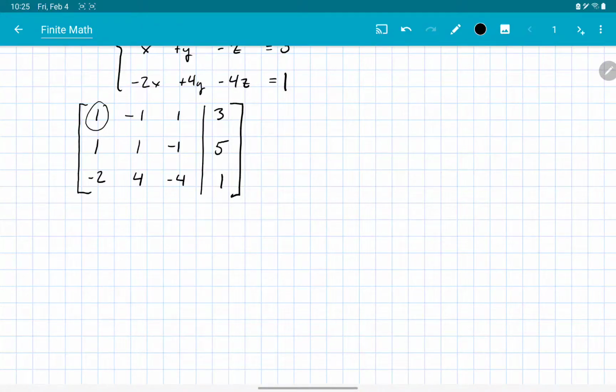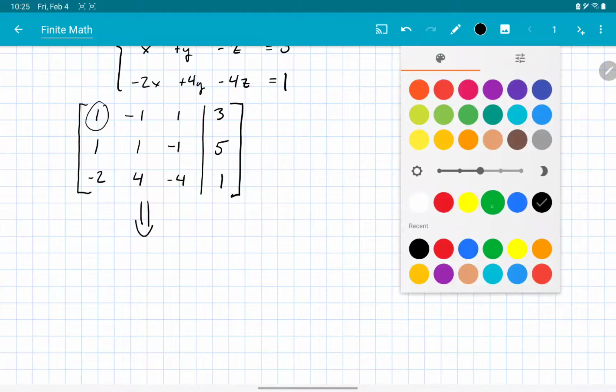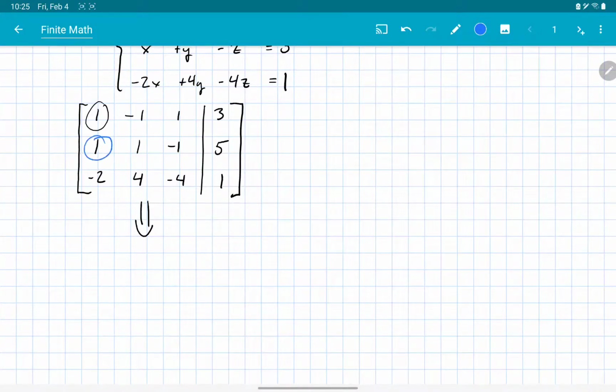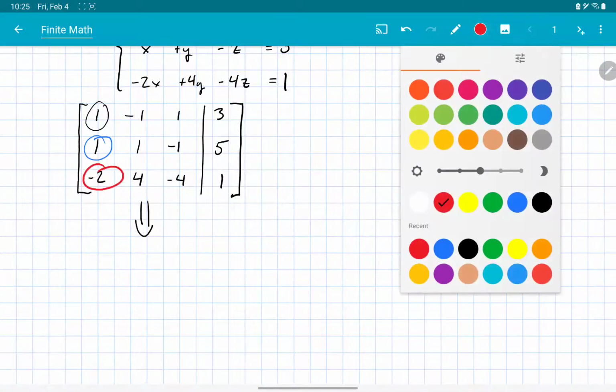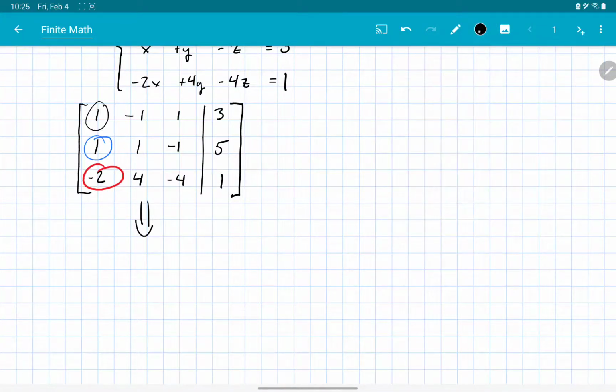And so now we're going to perform some steps here. We want to zero out both this element and this element, the 1 and the 2. So let's get rid of the 1 first. We're going to take row 2 plus negative 1 times row 1. Okay, or you could think about it as row 2 minus row 1.